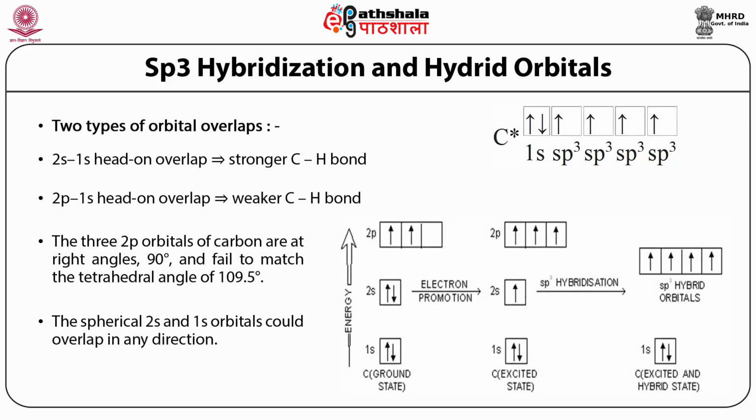Now the energy which is released by the formation of 2 additional bonds compensates the energy required for exciting 1 electron from 2s to 2p, energetically favoring the formation of 4 CH bonds.